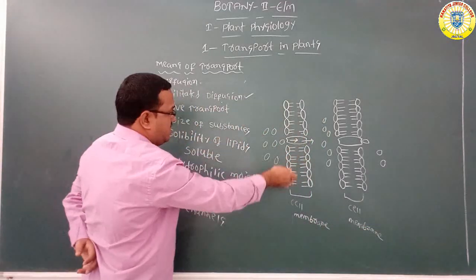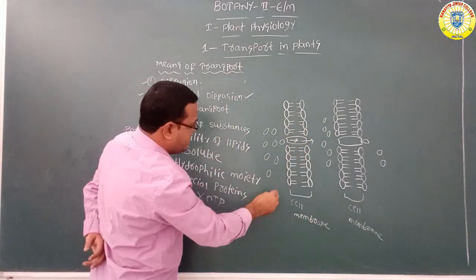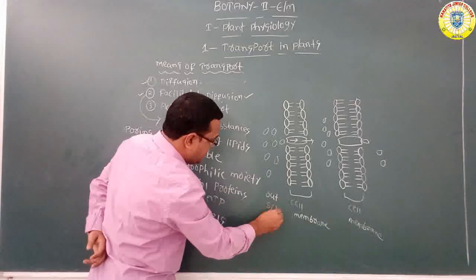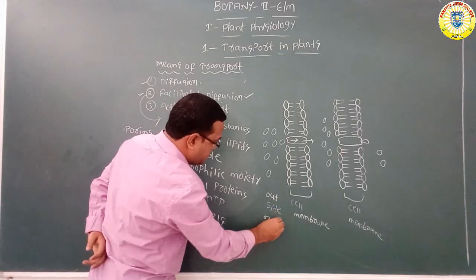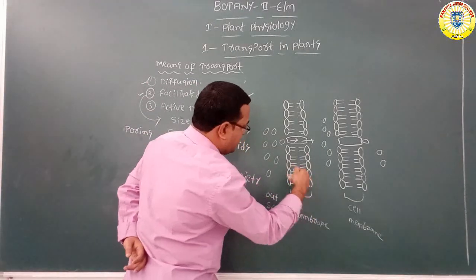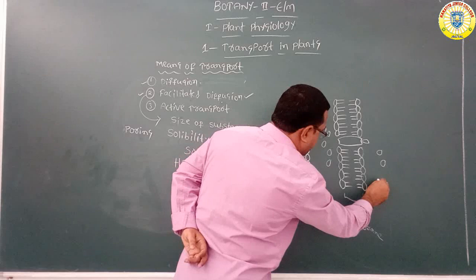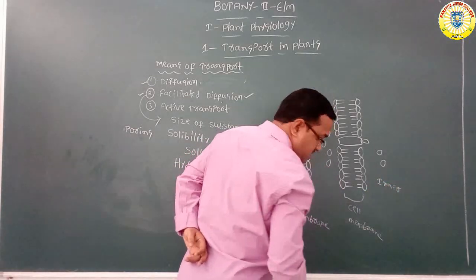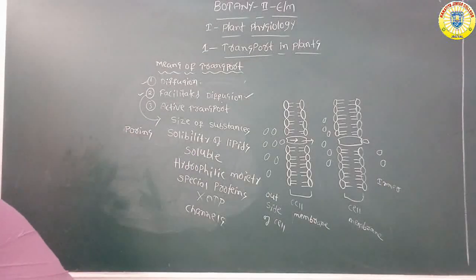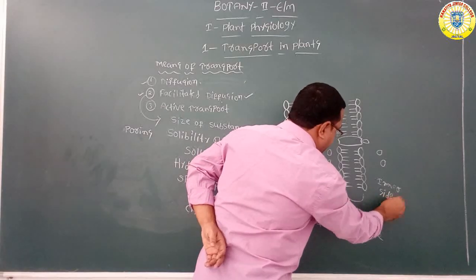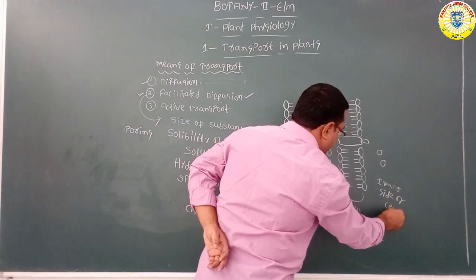So this is the outside of the cell. This is the inner side of the cell.